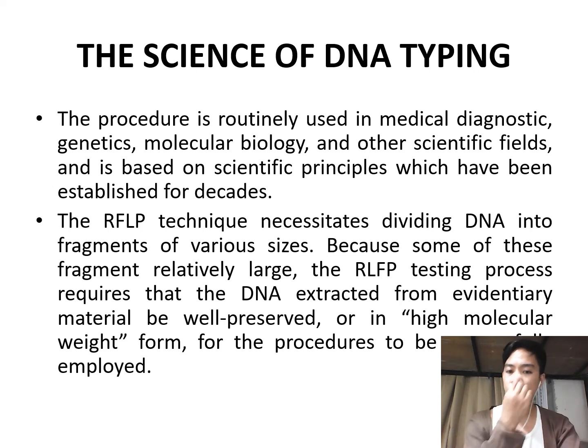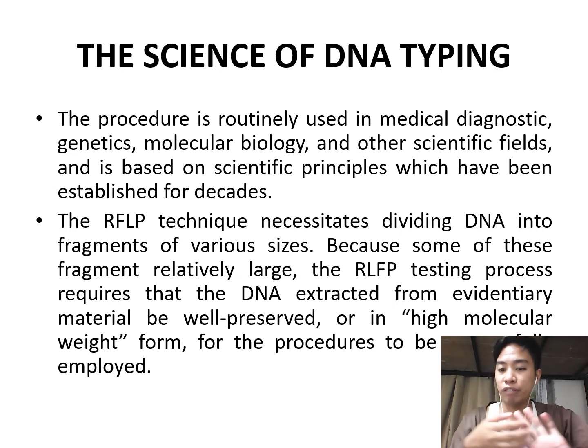Bakit? Kasi po, hindi ka na certain with your evidence kasi masyado na siyang matagal. So, ipa-fragment na natin. And at certain portion nun, in a high molecular weight, pwede mo pang mapa-scatter yung kanyang fragment. So, hahaba pa siya ngayon.